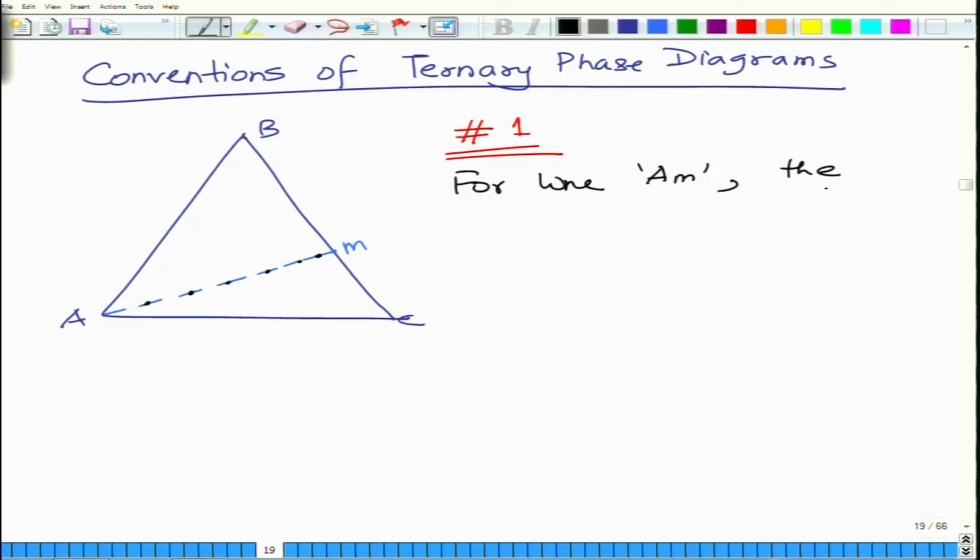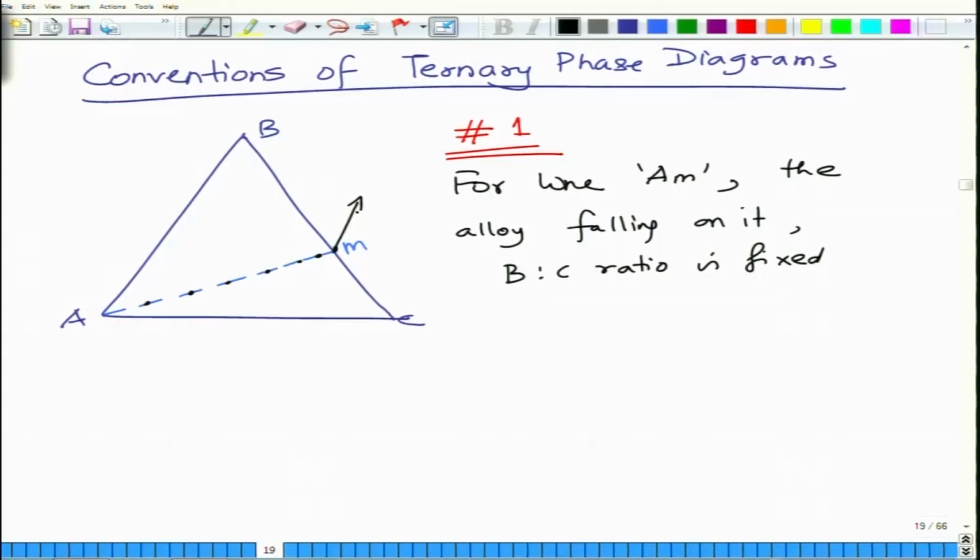So for a line AM, the alloys falling on it, the B to C ratio is fixed. So for example, at this point you will have X percentage of B with respect to Y percentage of C, okay.